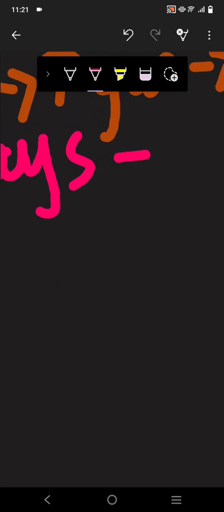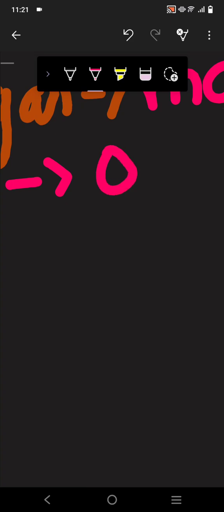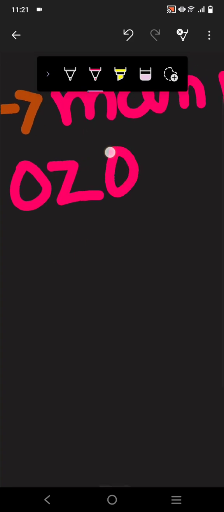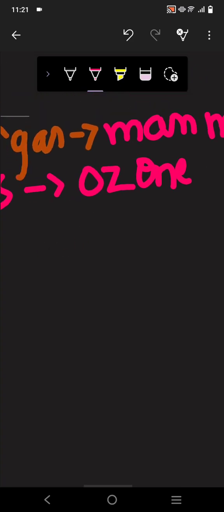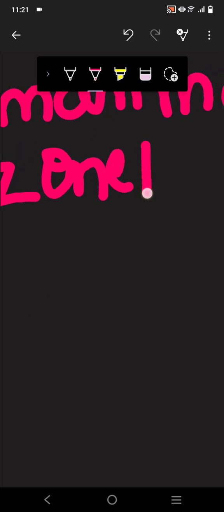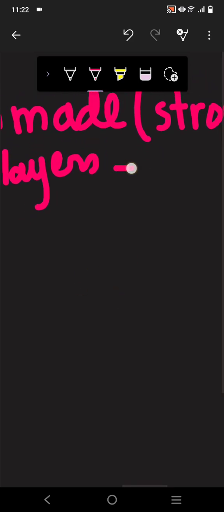Now we will be talking about the ozone layer. Ozone is formed, and due to that, the ozone layer is formed from many molecules of oxygen. Where is this layer present?